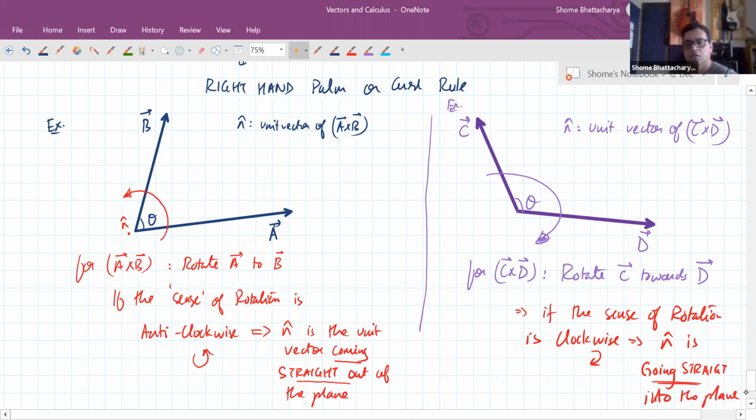Okay. So in this case, we would show n cap with a cross like this because it is going into the plane. So you're seeing the back of the arrow.